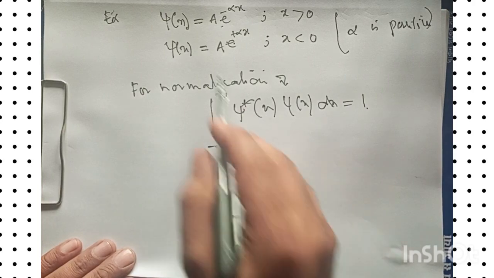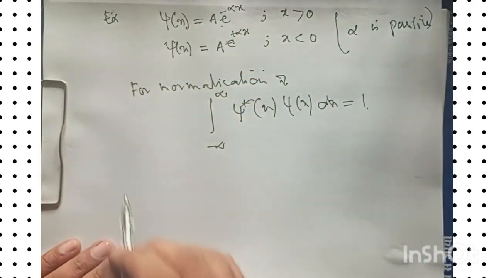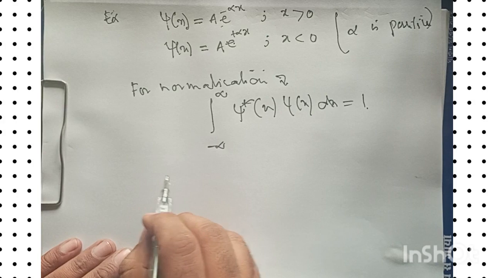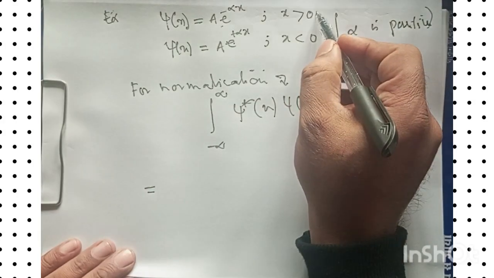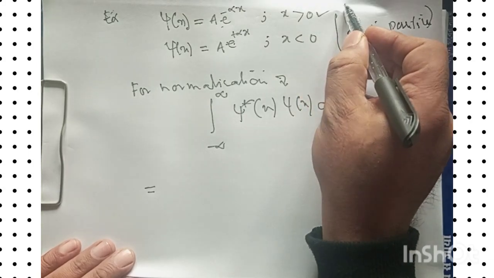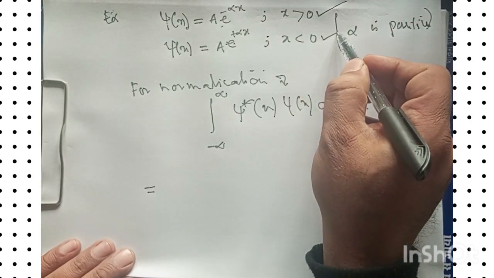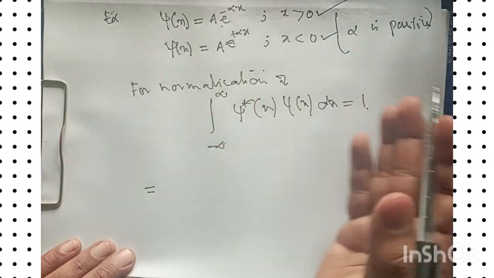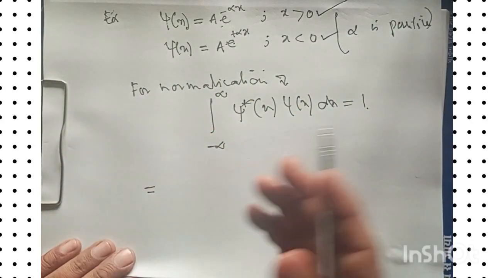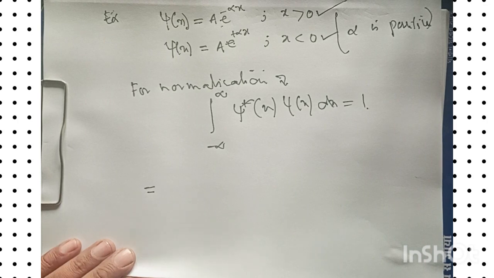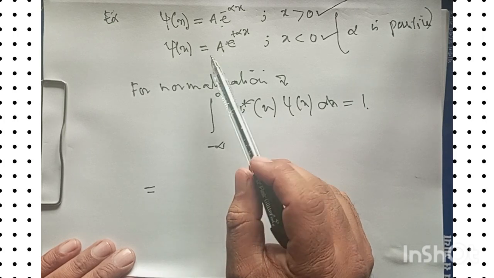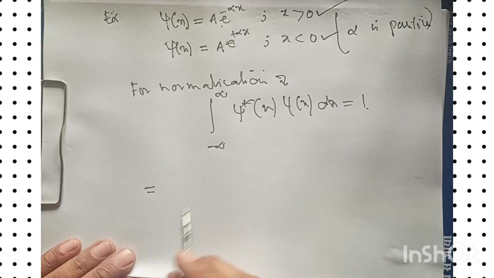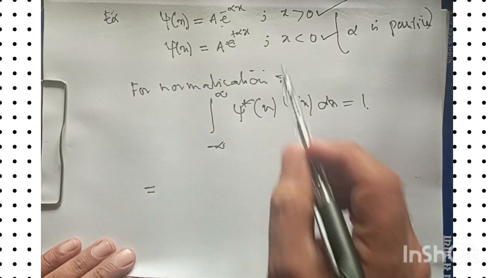So what we should do is write down this whole function in terms of the normalization. I would like to write down an integral for this region and then for this region, add them, and then try to find the value for a, which is to be determined using normalization.